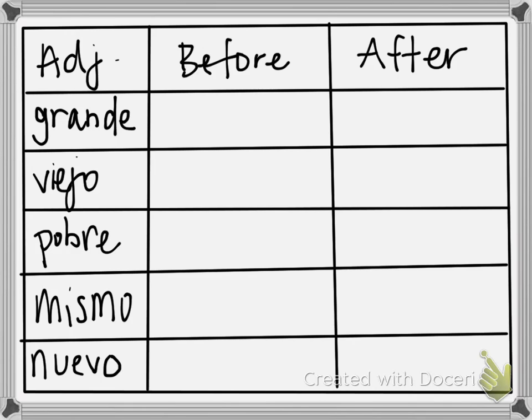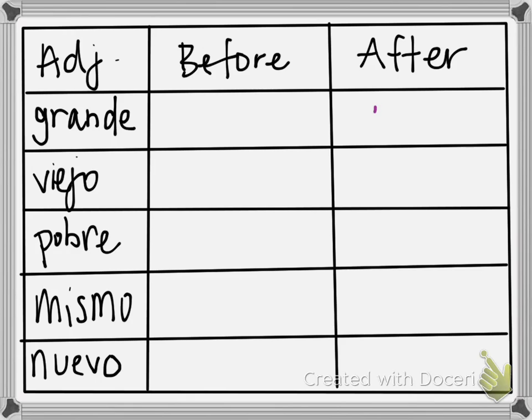Okay, here we have a list of certain adjectives that actually change meaning according to their placement. Depending on if you use them before or after the noun, these actually change. And these are going to be the biggest concept of this whole adjective placement discussion or video, okay? So let's talk about the after, because that's the place that you've normally put these, and that's what you're used to using and understanding.